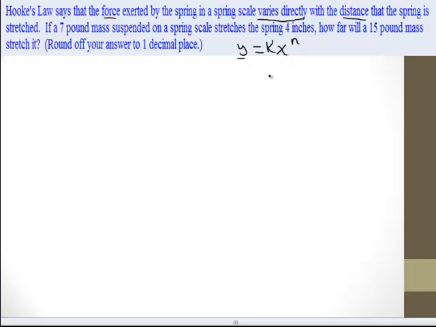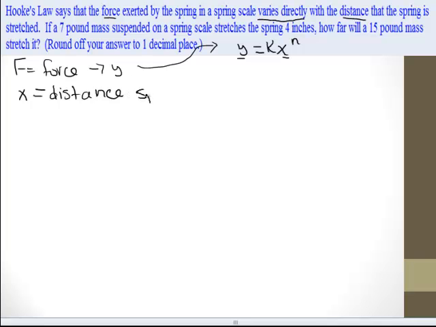Let's say F equals force, and if you want, you could say that's the same thing as Y in this formula. And we could just use X for distance, or you can use D, whatever you like. So X equals the distance that the spring is stretched.